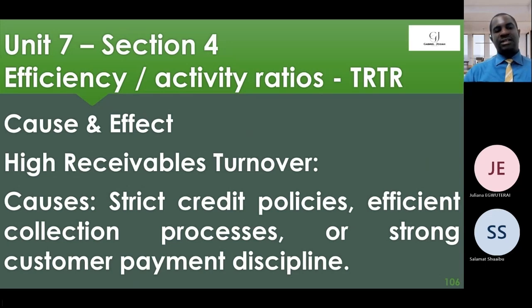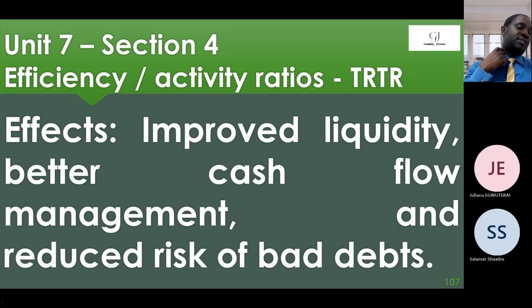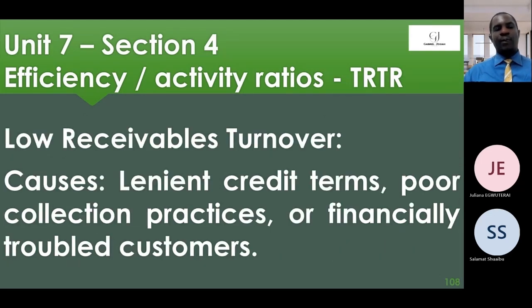What are the causes? A high receivables turnover above 1, 2, 3 is caused by strict credit policies, efficient credit processes, efficient collection processes, or strong customer payment discipline. These are the causes. And the effects are clear: improved liquidity, better cash flow management, and reduced risk of bad debt. While a lower receivables turnover is caused by lenient credit terms, exactly.